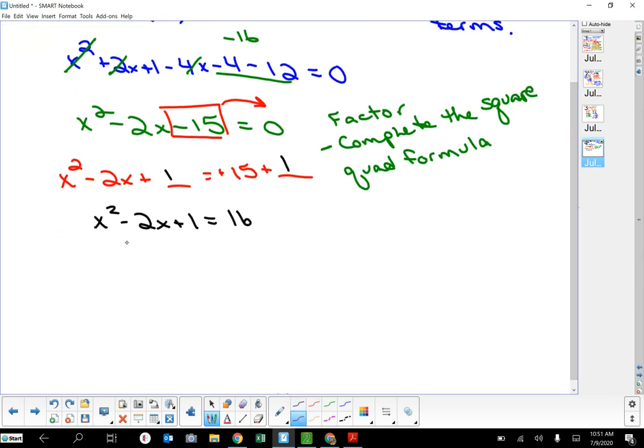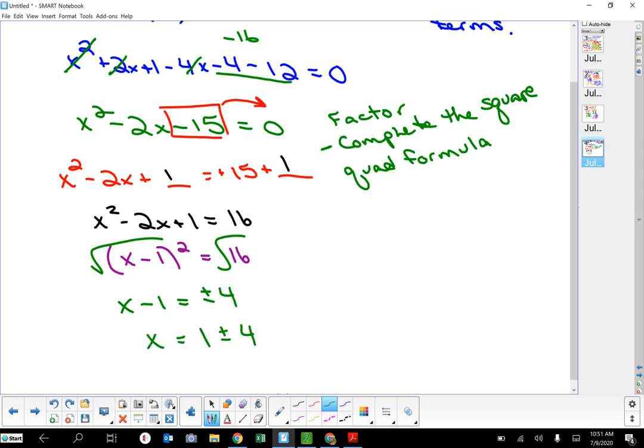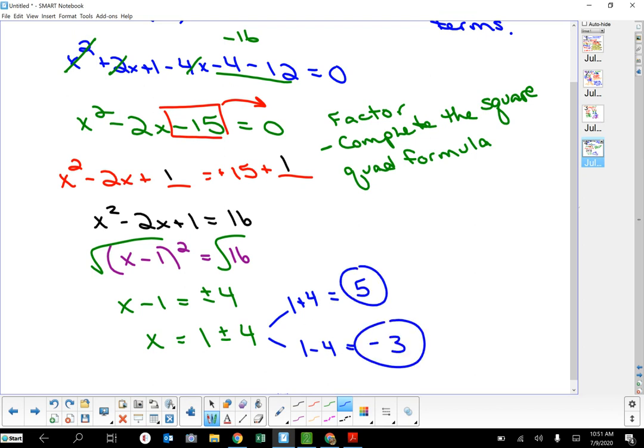And then I complete my binomial square, which is x minus 1 quantity squared equals 16. Take the root and take the root. I'm going to move the 1 over. And then I'm going to go 1 plus 4 and 1 minus 4, which is 5 and negative 3. And those are your two answers for that.